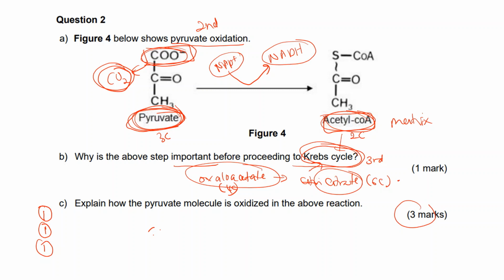And the electrons are transferred to NAD plus and becomes NADH molecule. The next thing that happens is that coenzyme A will be added to the acetate molecule, forming acetyl-CoA. So you have several points. The question only wants 3 points for 3 marks.